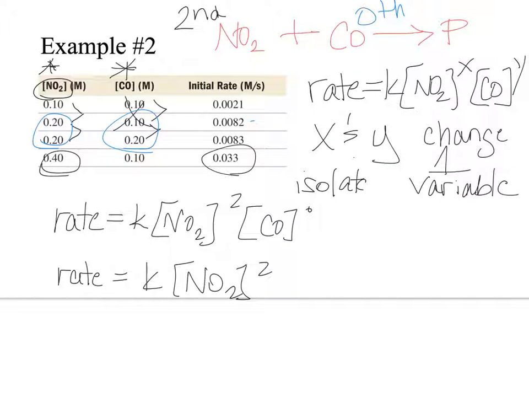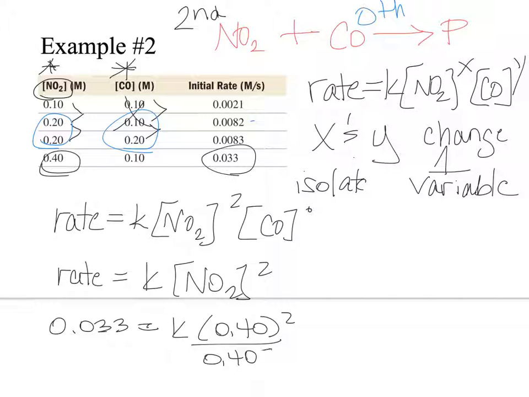So let's use trial 4 here. Rate is 0.033 is equal to k times 0.40 squared. And so I divide both sides by 0.40 squared. Those will cancel. So 0.4 squared is 0.16.